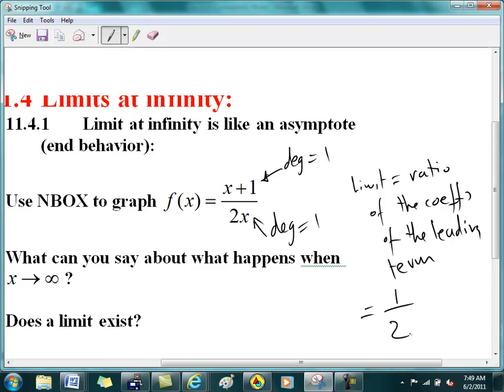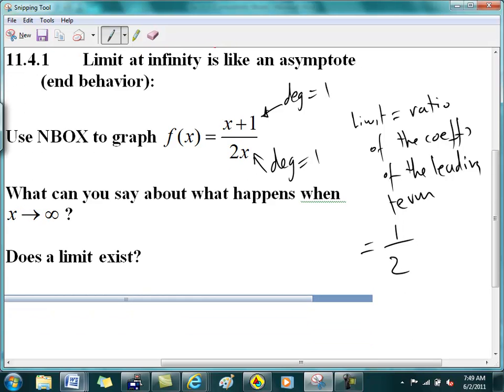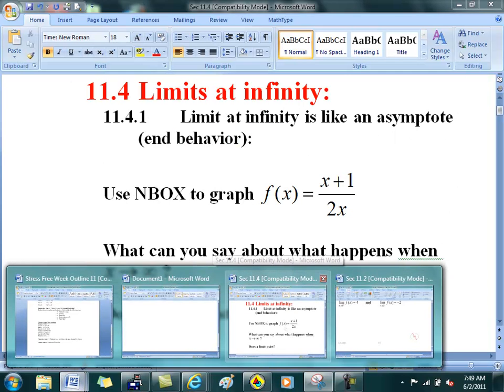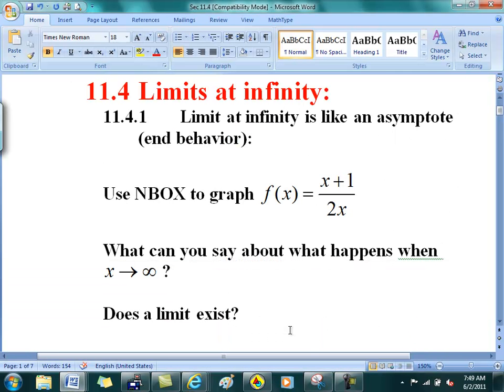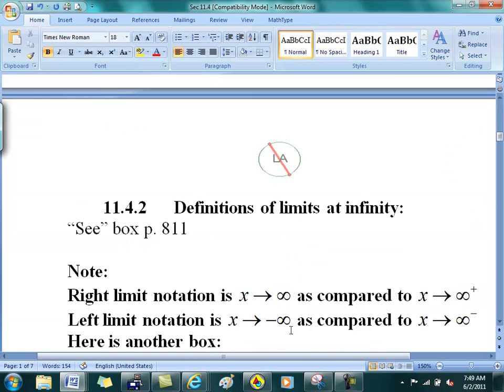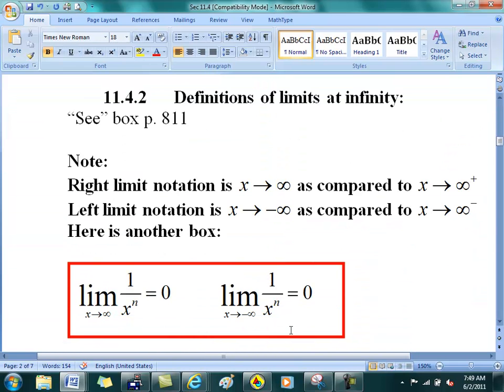All right. Next, the horizontal axis is the limit. Yes. You want to take a look at the definitions of limits at infinity on page 811.